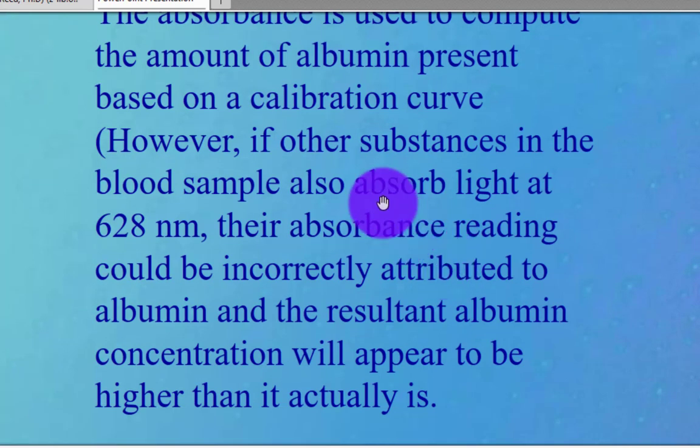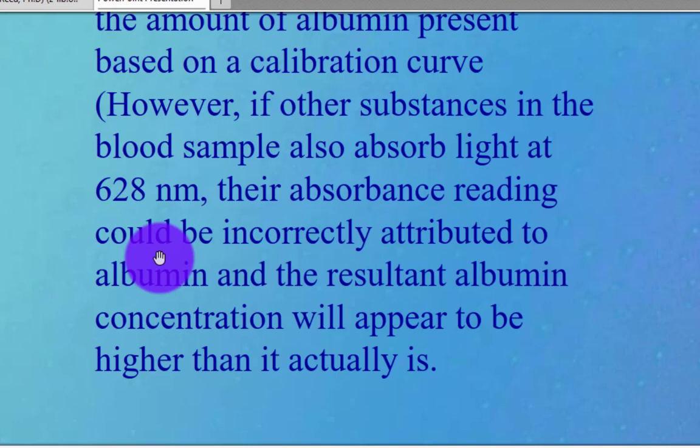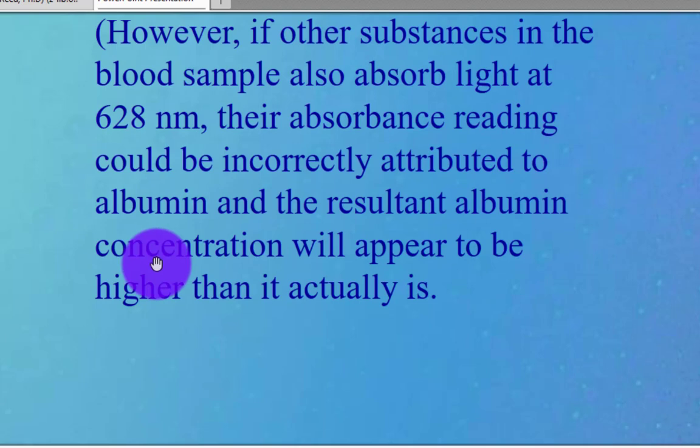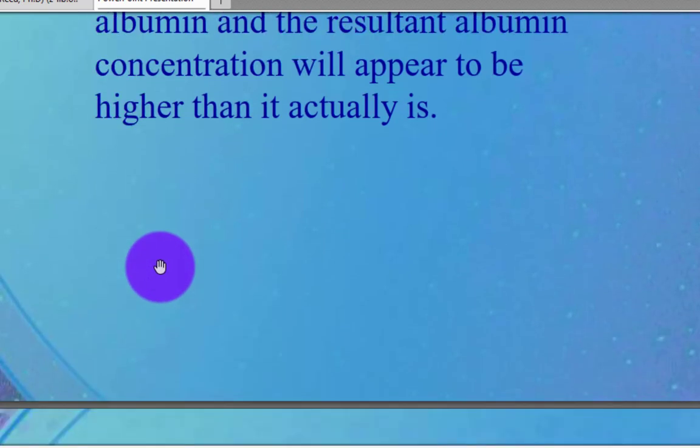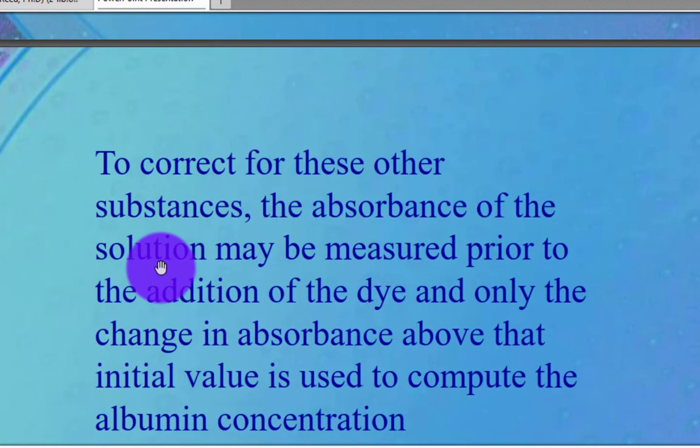However, if other substances in the blood sample also absorb light at 628 nanometers, their absorbance reading could be incorrectly attributed to albumin, and the resultant albumin concentration will appear to be higher than it actually is.